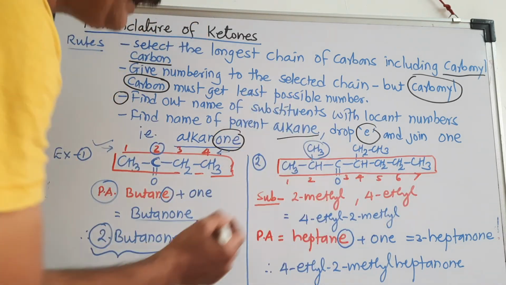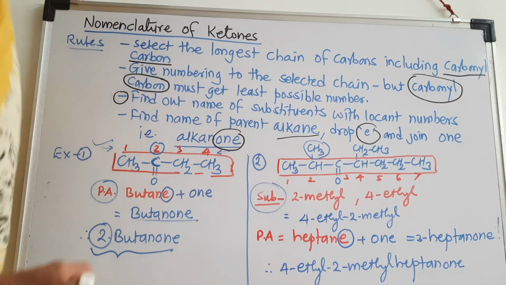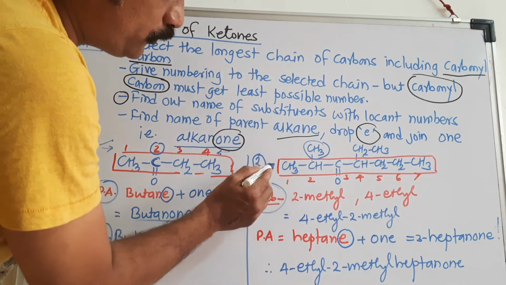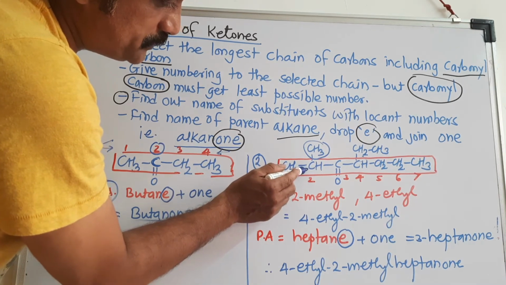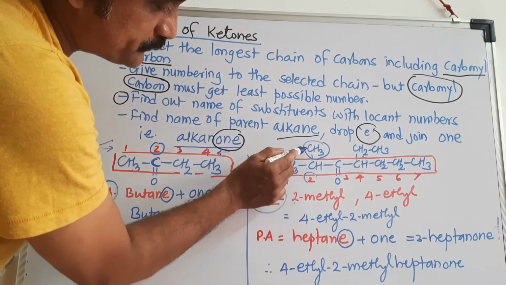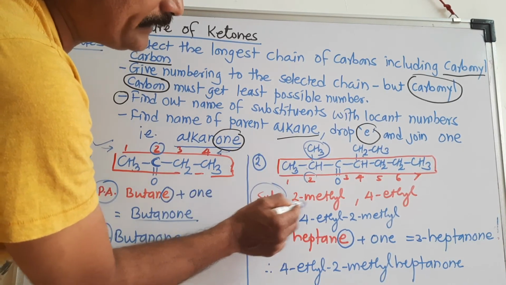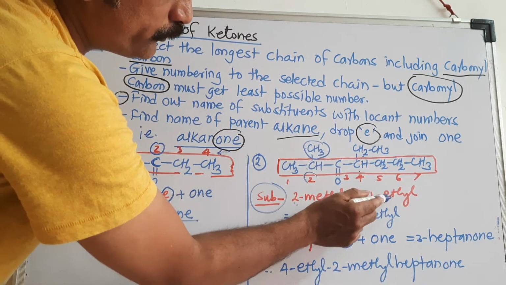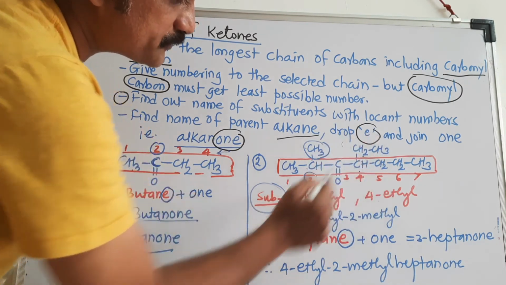After that, our task is to find which substituents are present along with their locant numbers. If I go from this end, there is a substituent at carbon number 2, whose locant number is 2, and that substituent is methyl. So I write here 2-methyl. Another substituent is present at carbon number 4. So it becomes 4-ethyl. This is the ethyl substituent.